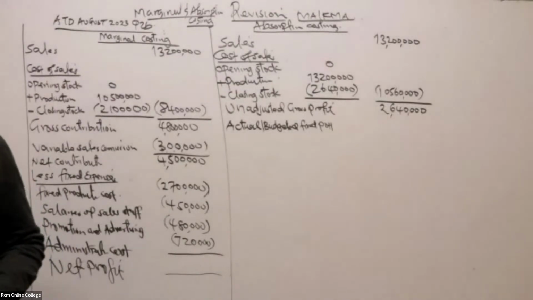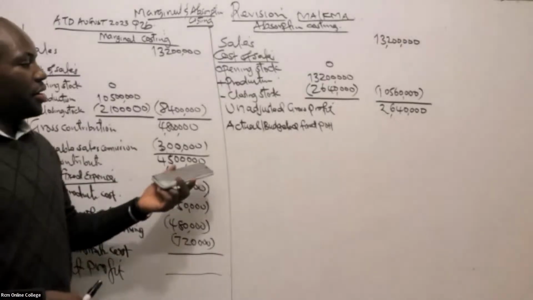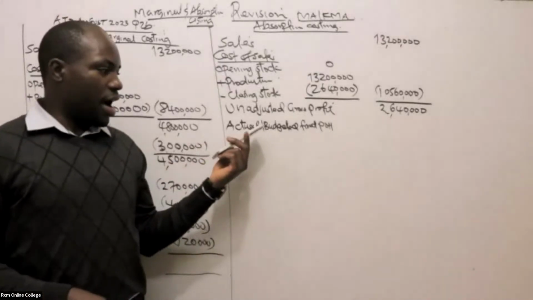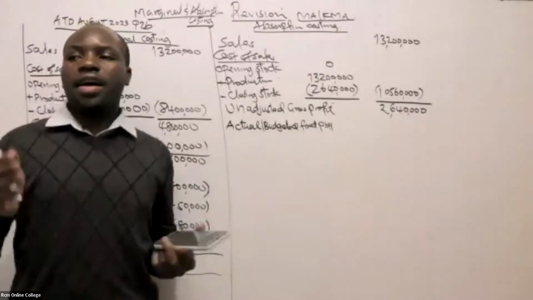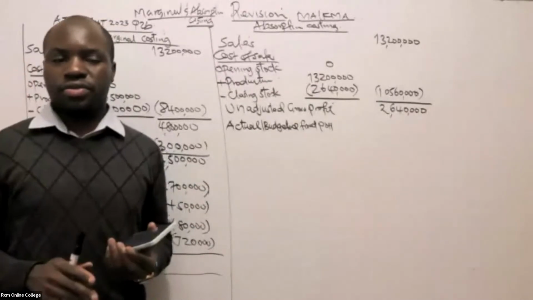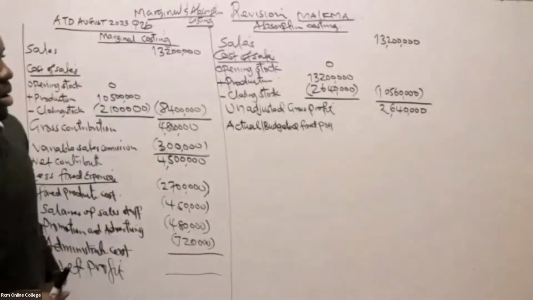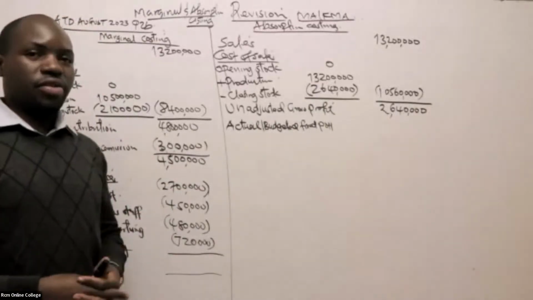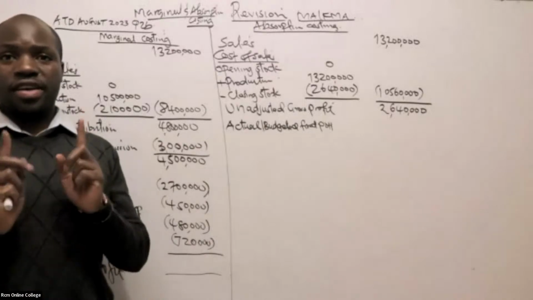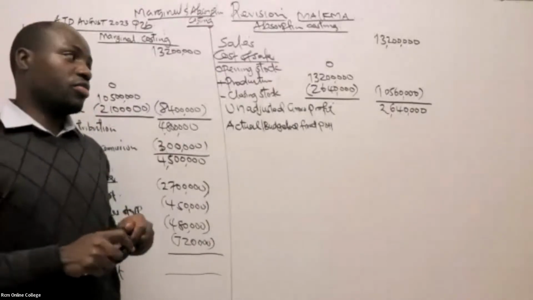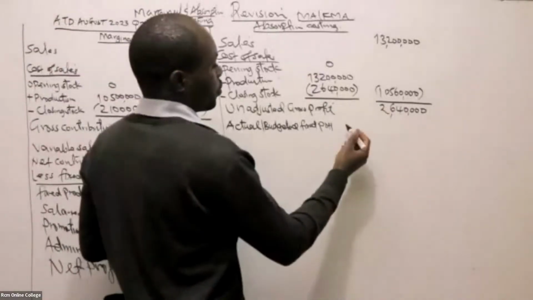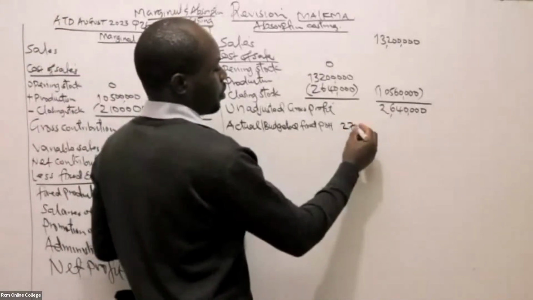So if I don't have actual, that's when I will go for budgeted. But if I have the two, I simply go for actual. The actual or budgeted fixed production overheads, do we have that in our question? We don't have actual. So what is given there is the budgeted, and that's what we now take in place of actual fixed production overheads.